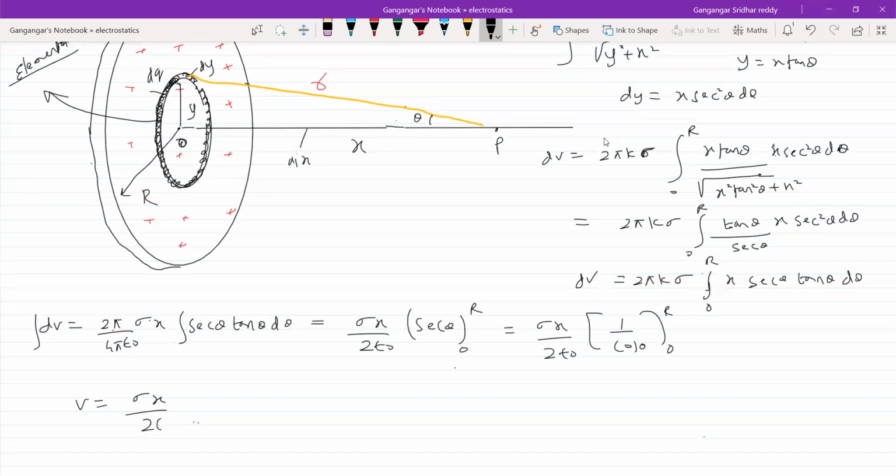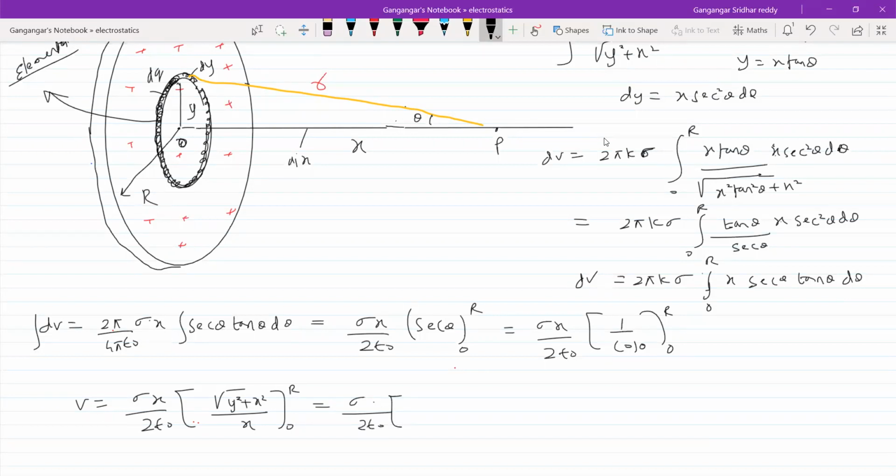Cos theta will be x by root of y square plus x square, so one x will get cancelled out.